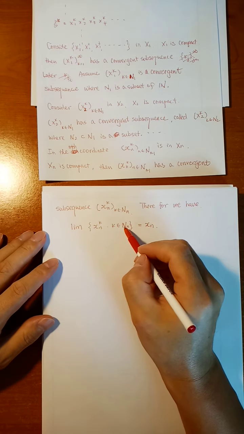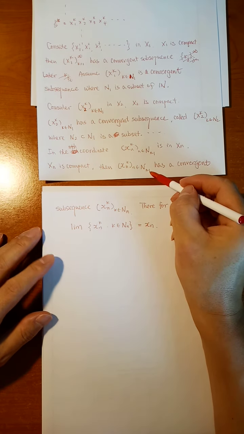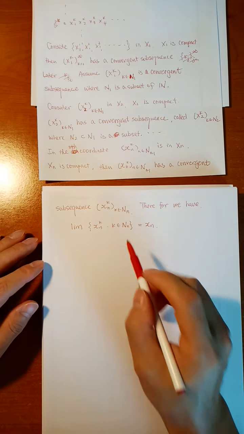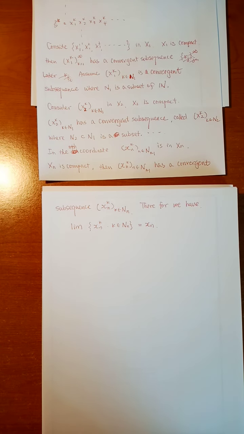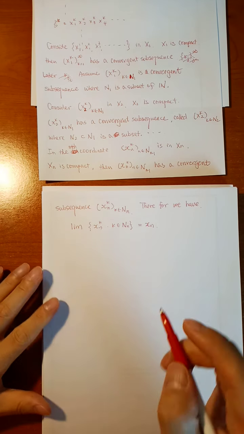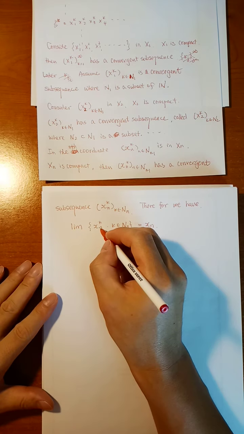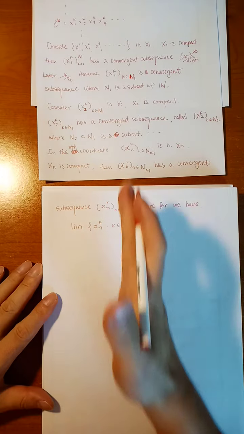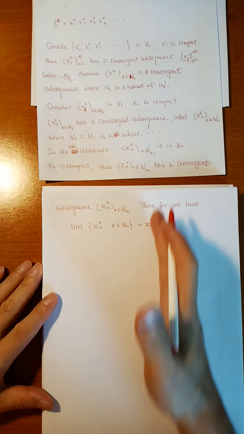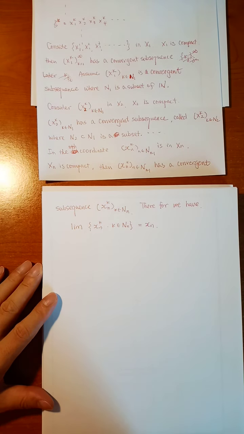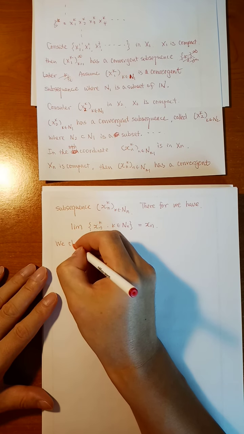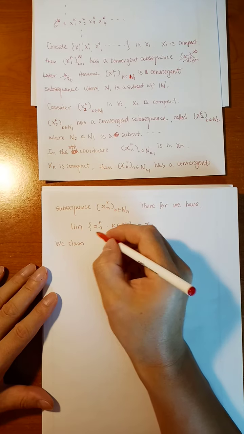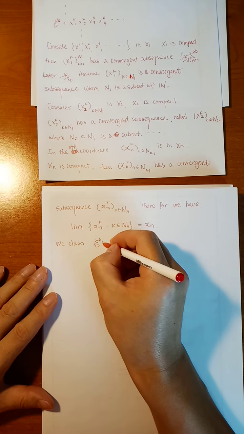If it's N_{n-1}, it may not be convergent, but we have N_n for this n. It is always a convergent subsequence. And then we claim, so for every coordinate, this is the nth coordinate, you have the convergence.